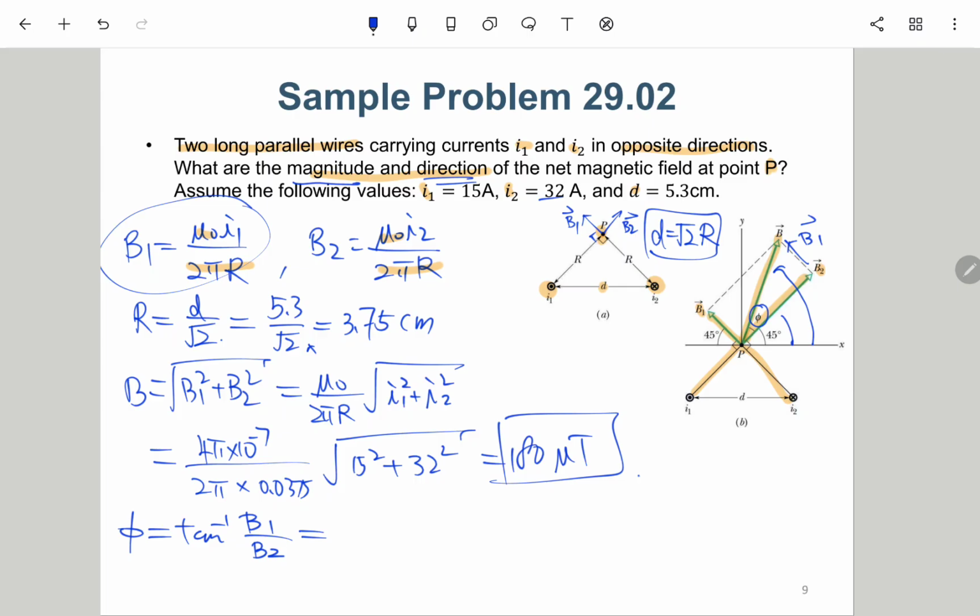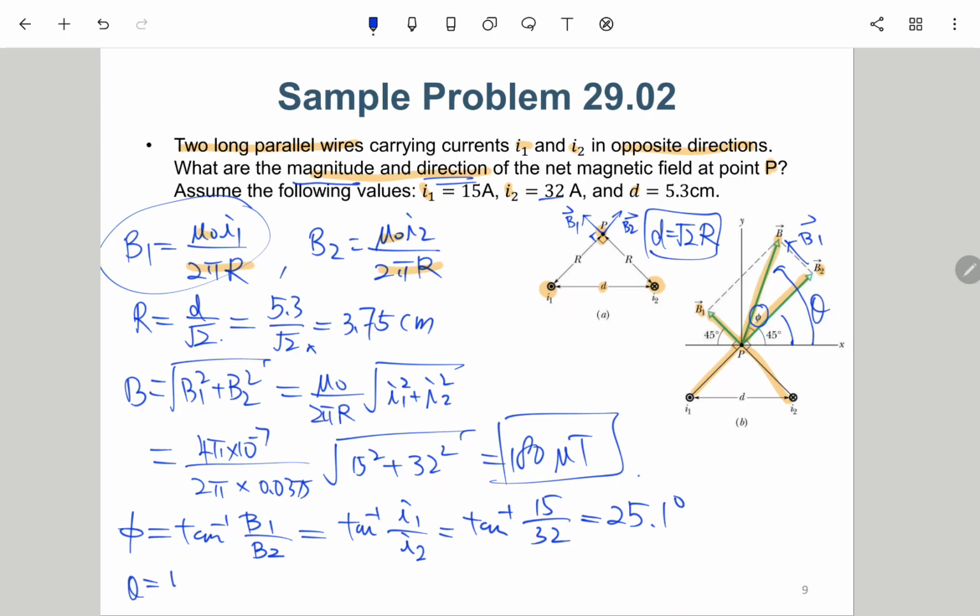But mu 0 over 2 pi r can be cancelled. So phi turns out to be the arctangent of I1 over I2, which is the arctangent of 15 over 32. So this is 25.1 degrees. Finally, this one we call theta.